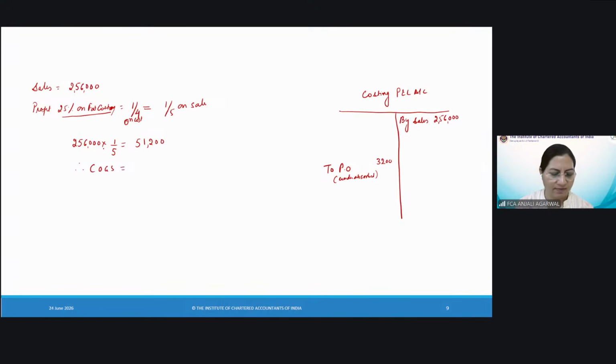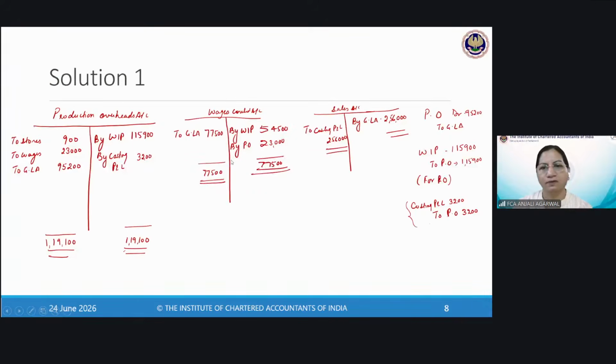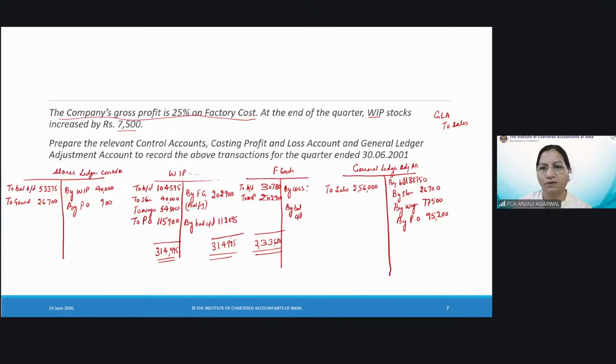Therefore, cost of goods sold is 2,56,000 minus 51,200. It is 2,04,800.